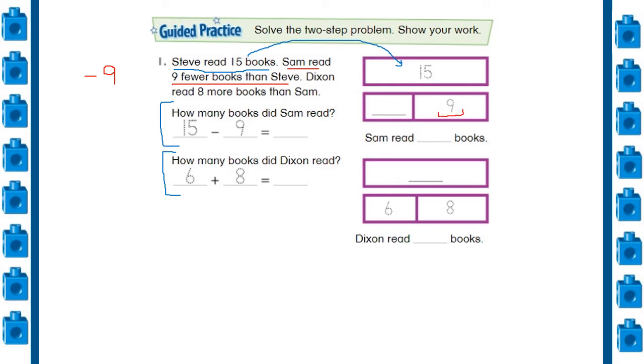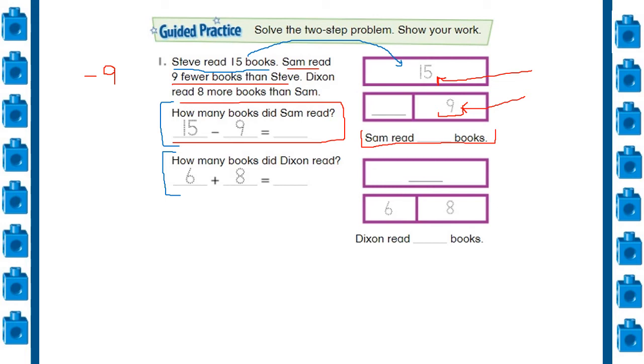So now what we want to know is how many books Sam read. Okay, that's what it's asking us in these two areas. Well, we've got the big number and we've got one of its parts. So all we have to do is subtract 15 minus 9.